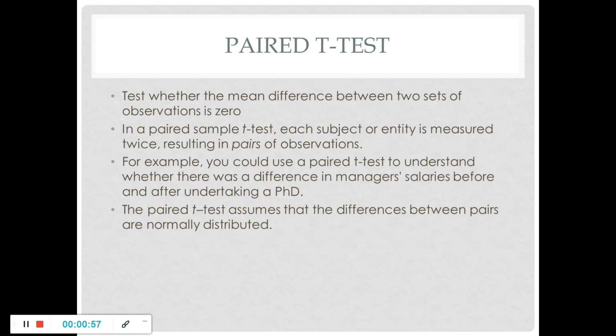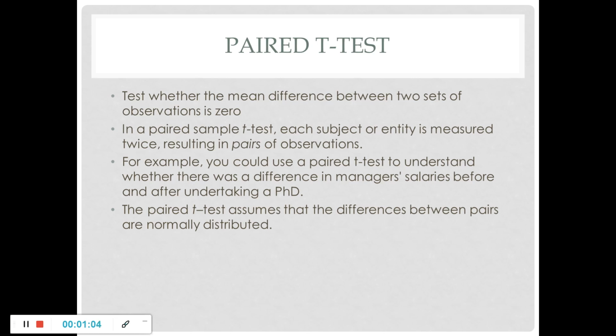So in this case, we are going to discuss how we test the hypothesis related to matched sample or dependent sample, the mean difference of the matched sample or dependent sample.